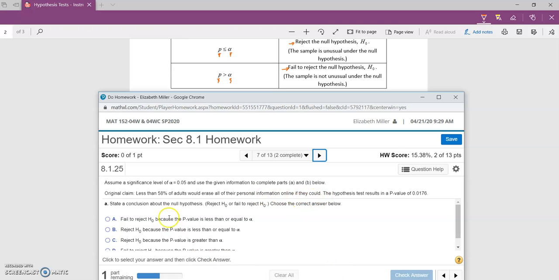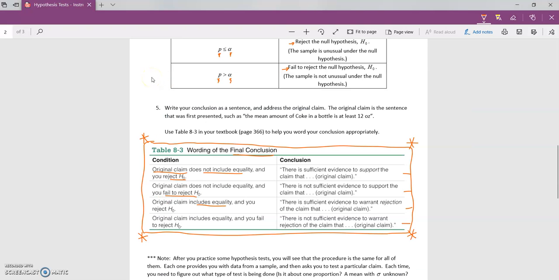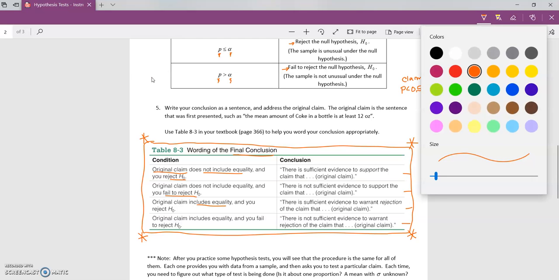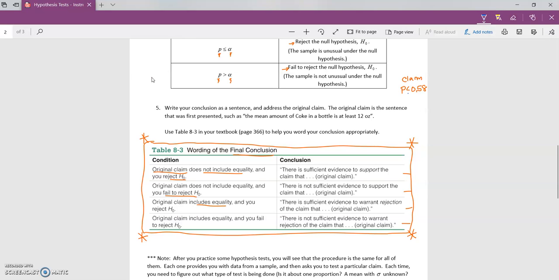So we said that would mean that your claim here is that P is less than 0.58. Less than does not include equality. Less than does not have an "or equal to," it's just a less than. So at this point we're on the does not include equality options.